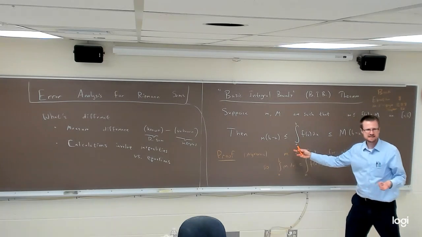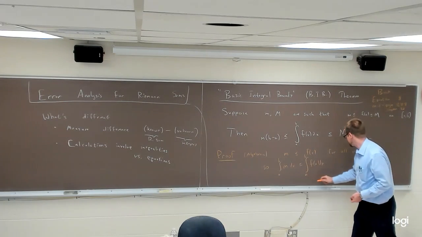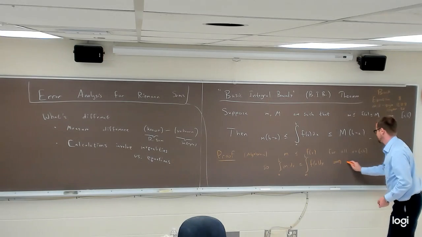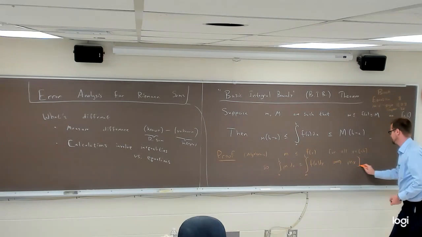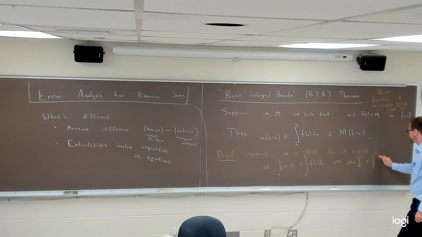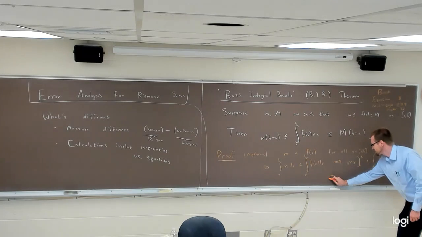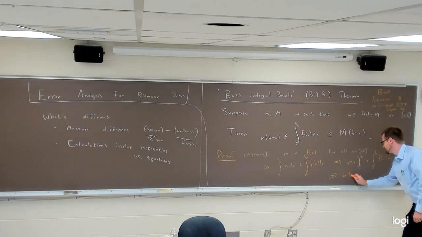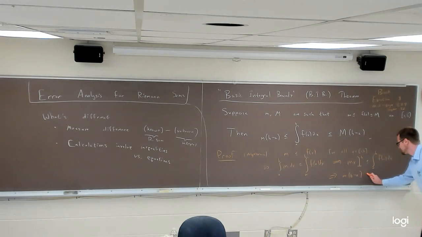Well, the integral of a constant is just a constant times x, m times x evaluated from a to b. That's less than or equal to this integral. And so that's just m times quantity b minus a is less than or equal to the integral. And that's half of the claim, right?